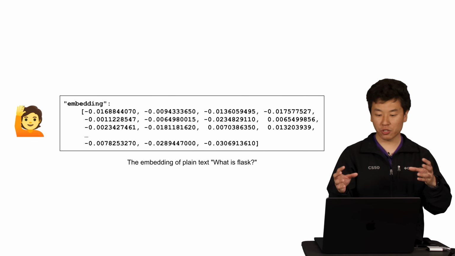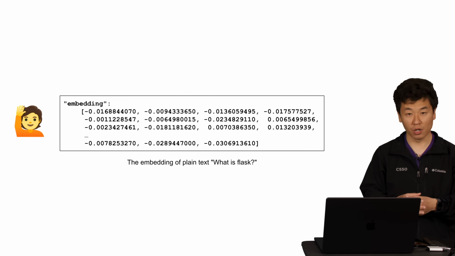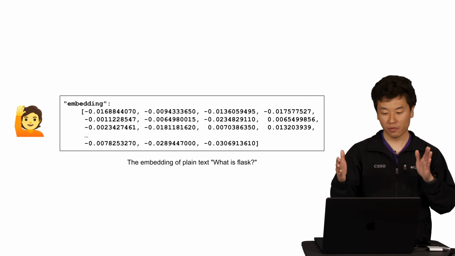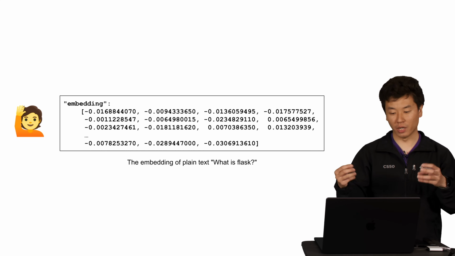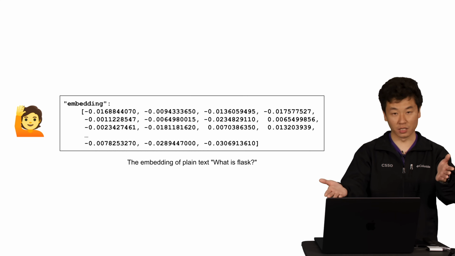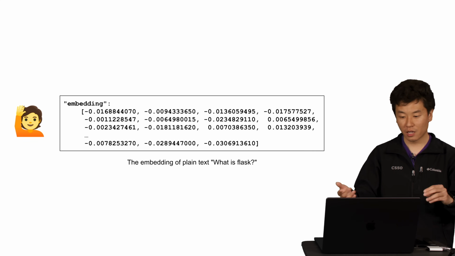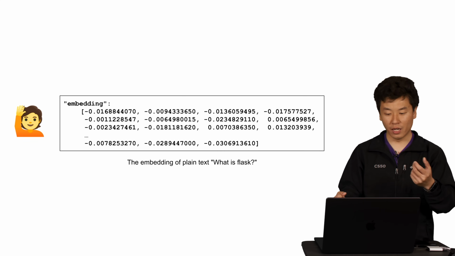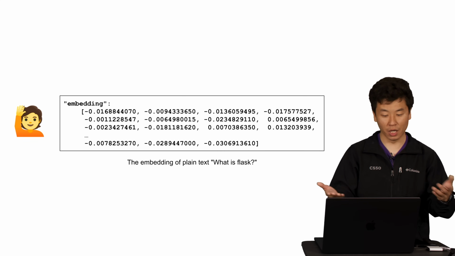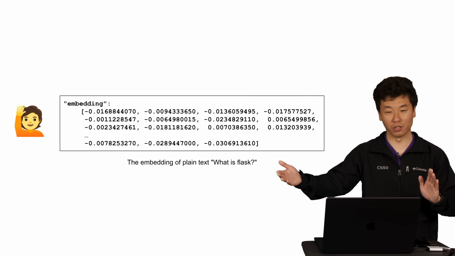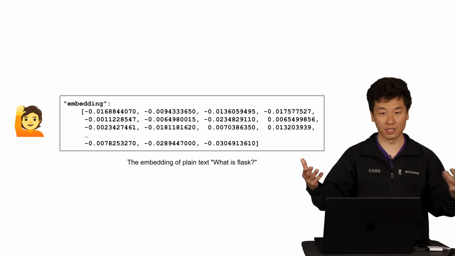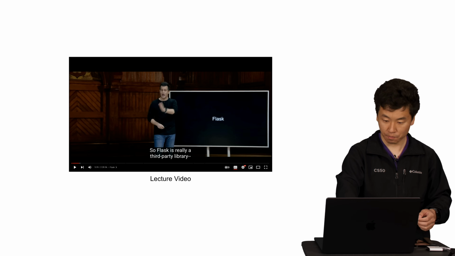And we are using a text embedding model to do this conversion. So for example, we use a text embedding model to embed what is Flask into a vector of floats. If you supply only one character to this embedding model, you will still get back a vector of the same dimension. That's just how this text embedding model works.